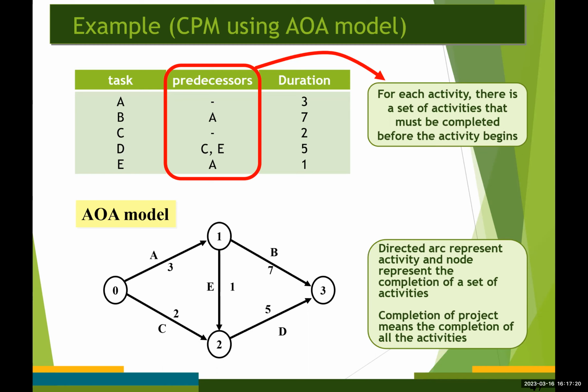So in this case, we have 4 different events: events number 0, 1, 2, and 3, okay? And also the project is considered to be completed when all of the activities have been completed, okay?